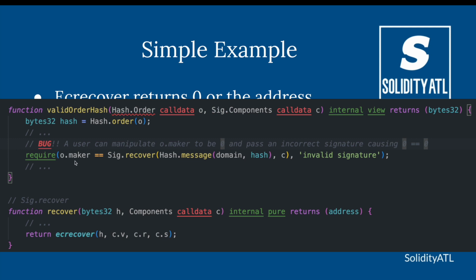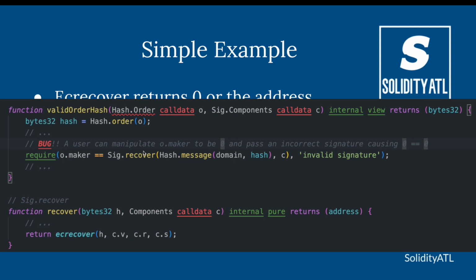So o.maker, essentially someone can pass in 0 for this o.maker variable, and then pass in an incorrect signature, which then calls ecrecover. Once it's invalid, this also returns 0. So this is going to look like require 0 == 0, which is going to be true, and from the smart contract's sense, it passes as a valid signature, even though it was not.